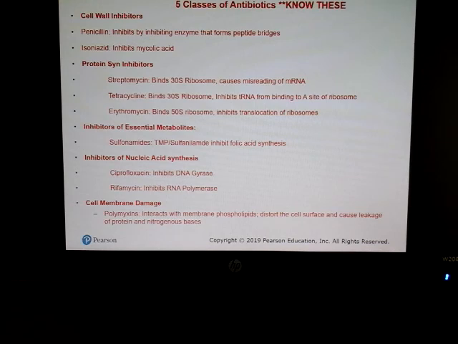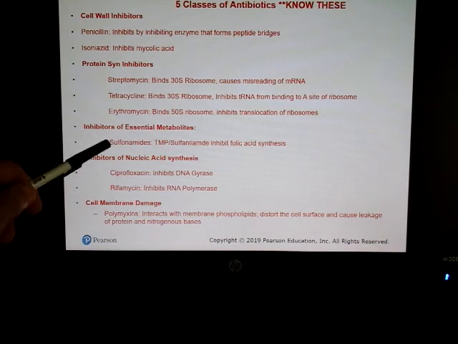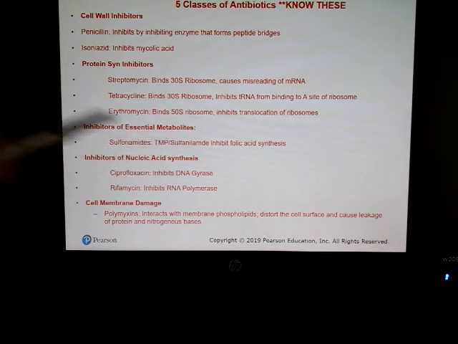Now we have one particular class of inhibitors of essential metabolites that we call sulfonamides. So trimethoprim and sulfanilamide, those will inhibit folic acid synthesis. As far as inhibitors of nucleic acid synthesis, the 2 I would like you to know are ciprofloxacin, that inhibits the enzyme DNA gyrase, and rifamycin, that will inhibit RNA polymerase.